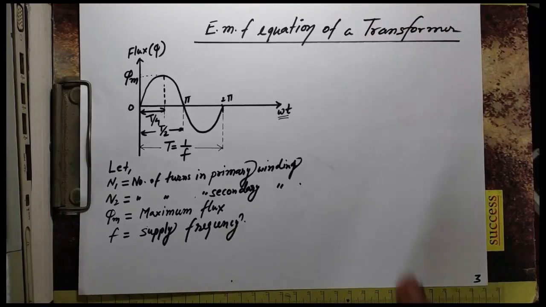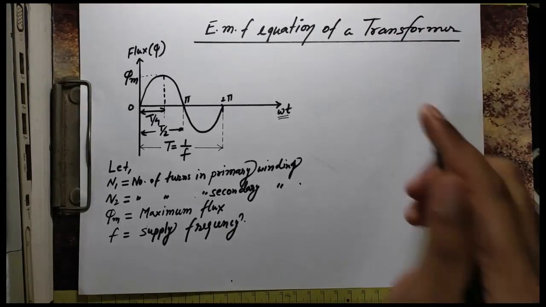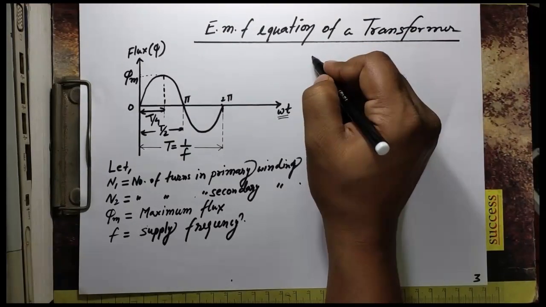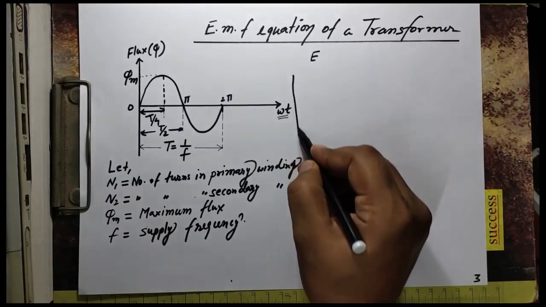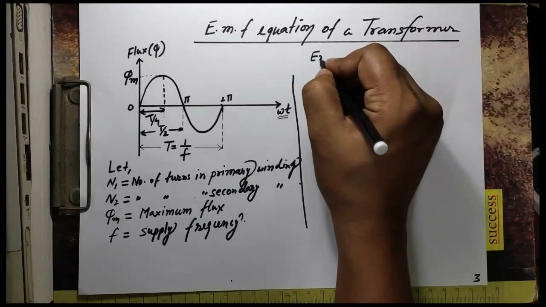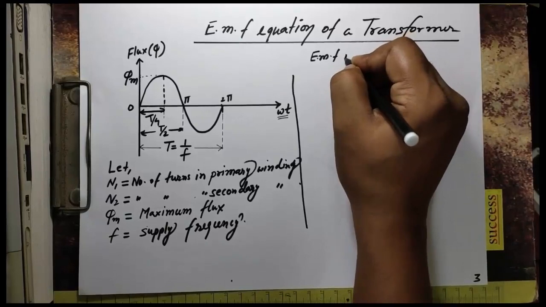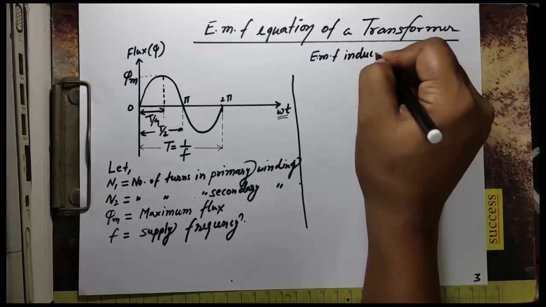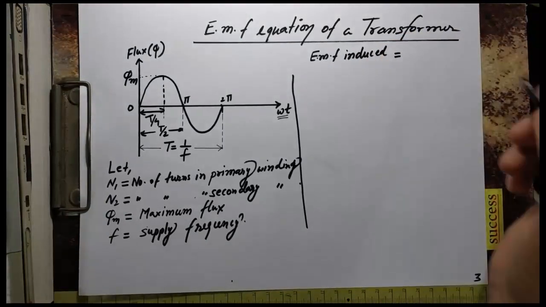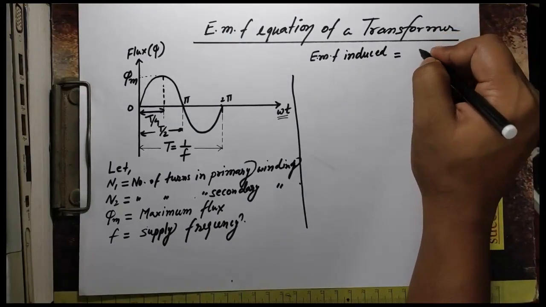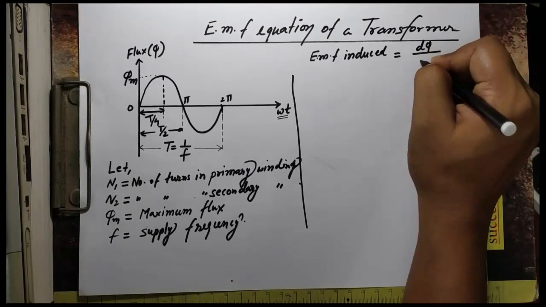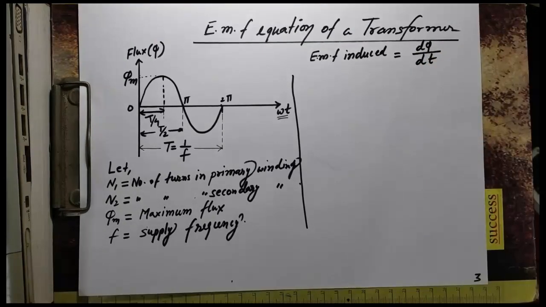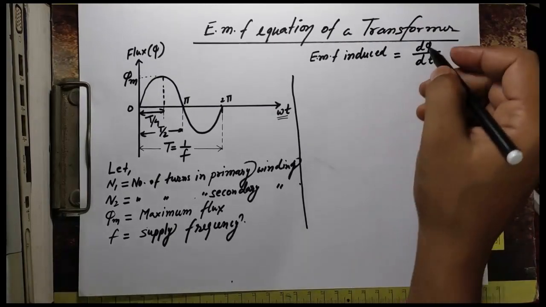Now see, according to Faraday's law of electromagnetic induction, EMF induced is equal to d phi by dt, that is the rate of change of flux. So here, what is d phi?